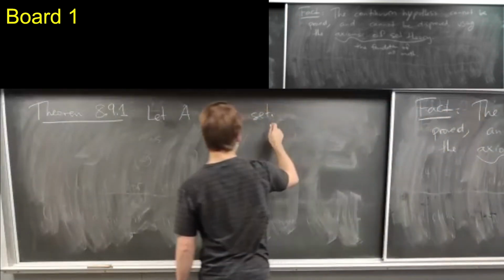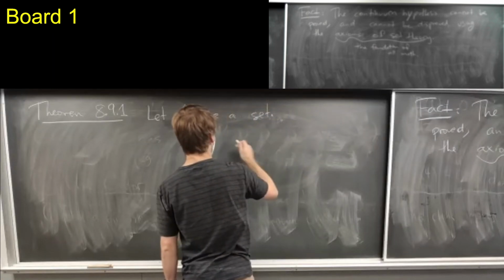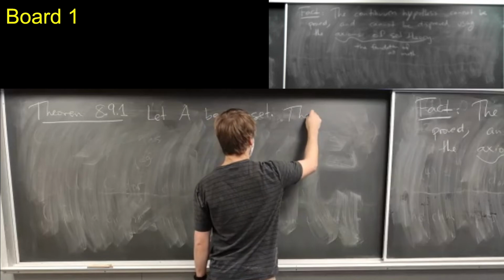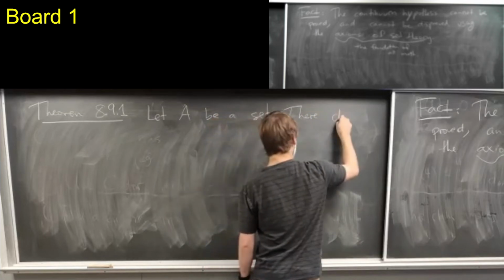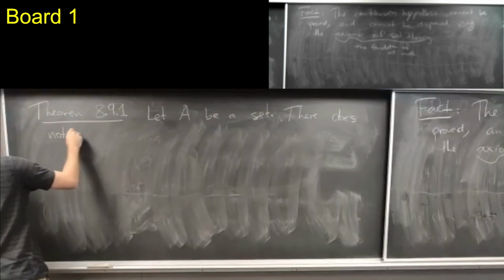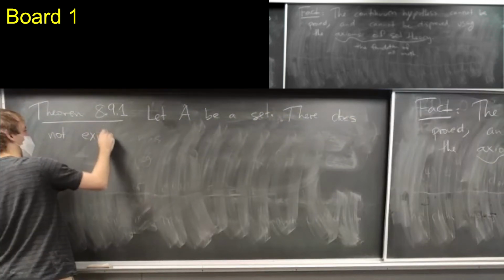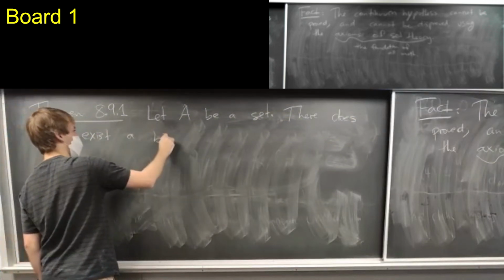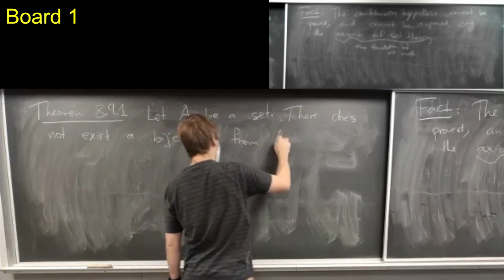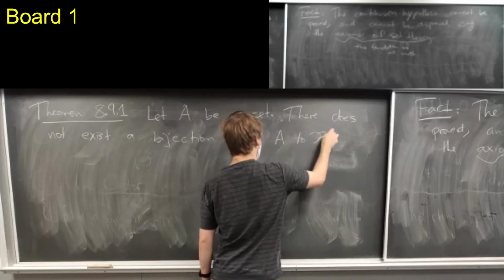Maybe we don't, but let me write the statement of the theorem, then I'll remind you what that is. What I want to prove is that there does not exist a bijection from A to the power set of A.